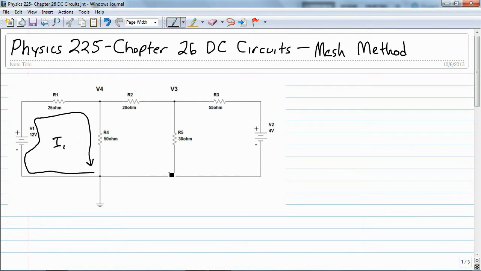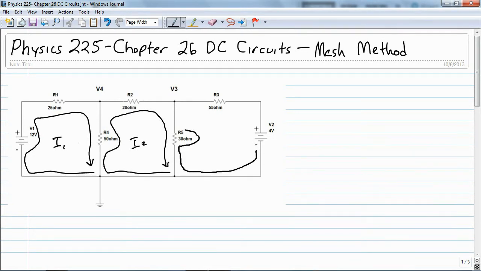The second loop current is in the middle, and we'll call that I2. And the third is on the other side of the circuit, and we'll call that I3.